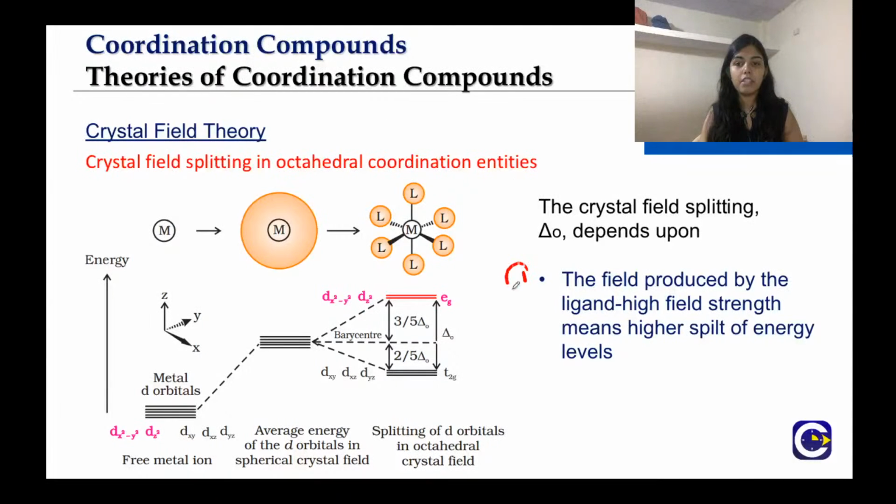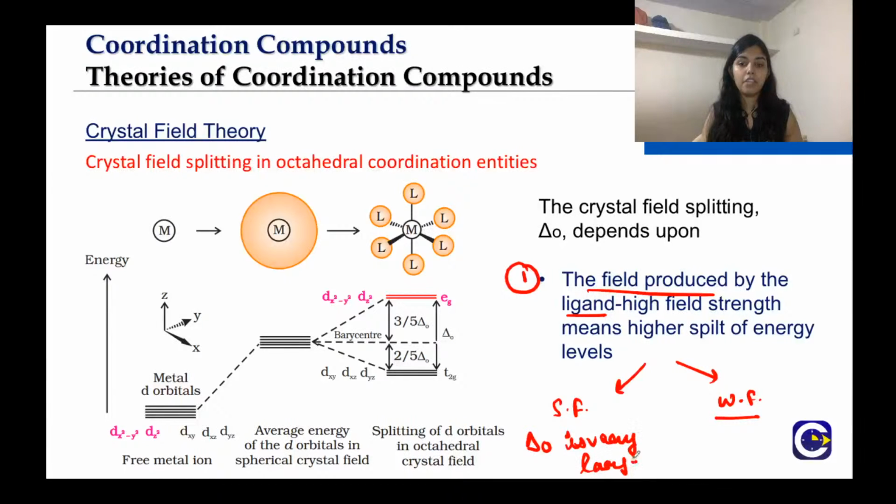First one is the field that is produced by the ligand, right? We are having two types of ligand. We are having strong field ligand and we are having weak field ligand, right? So, strong field ligand have much more interaction with the metal, and what happens here is that delta O is very large. The splitting is very large, right?